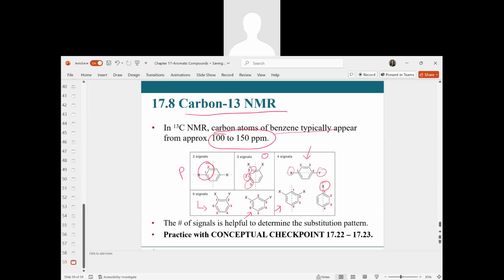If you know the substitution pattern ahead of time, you can predict signals, or if you don't know the substitution pattern, the number of signals can help you figure out the substitution pattern of your benzene ring.